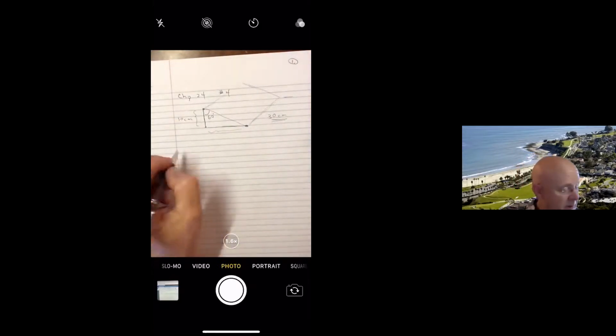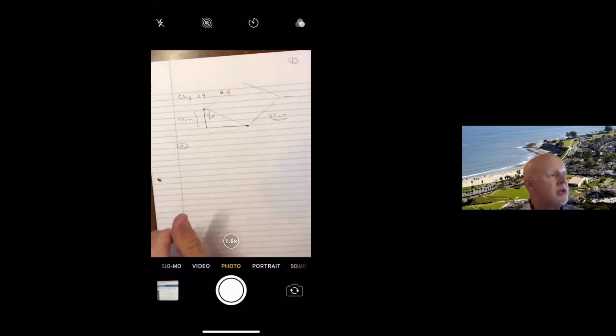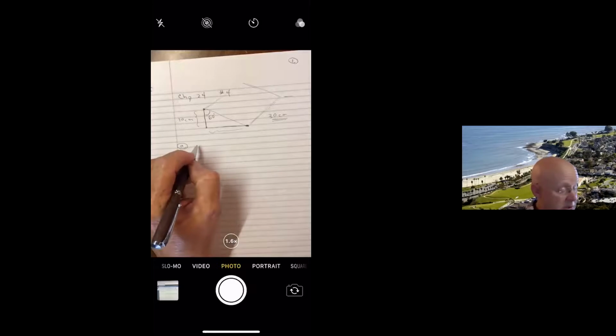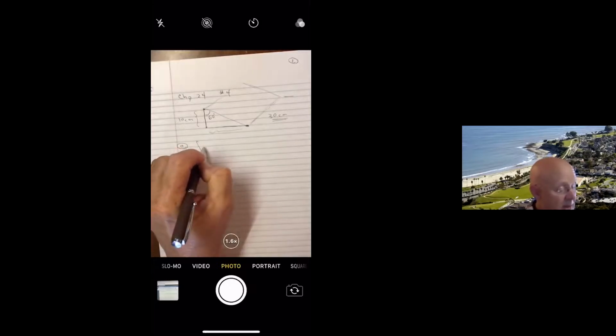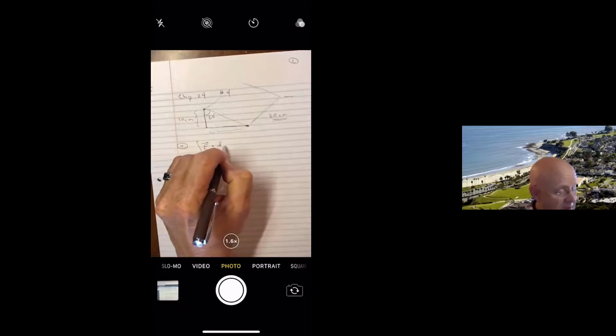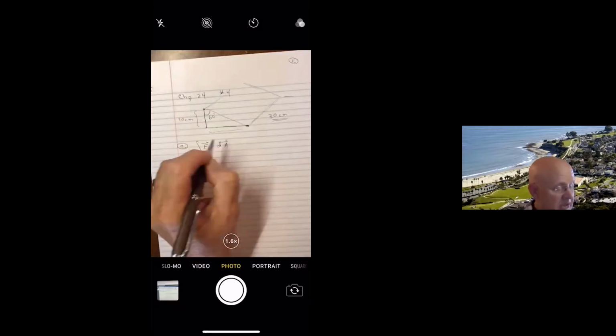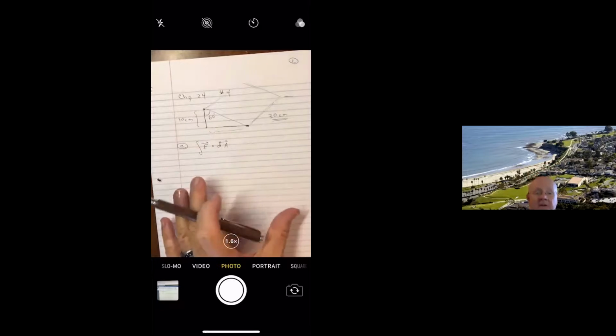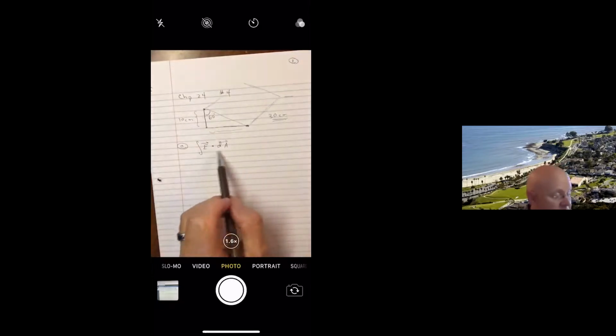I'll start then with A, probably the hardest one, which hopefully you'll see is not too bad. It asks for the flux. As I hope you got out of this, the equation for flux says add up the electric field over some area.